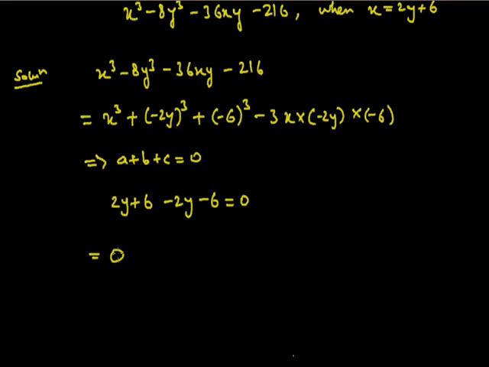So in this way, we need to understand which identity to be used where, and accordingly we can solve the question based on the identities. And most importantly, we have to remember the special case of the identity, that is a cube plus b cube plus c cube minus 3abc, because it makes the question very easy for us to solve and get the right answer very quickly.